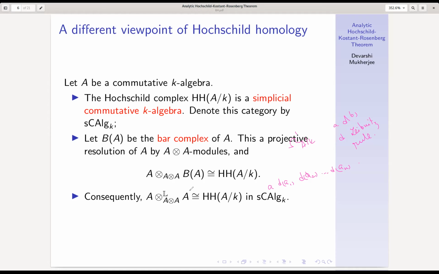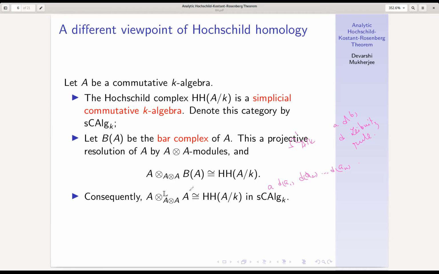A little, well, one little question. The Hochschild complex you regard as a simplicial commutative algebra with a shuffle product, I imagine. I don't recall, but does BA, the bar complex, also have a shuffle? Yeah. Okay, and this isomorphism that you write there upon tensoring, is this an isomorphism in the category of simplicial commutative algebras?